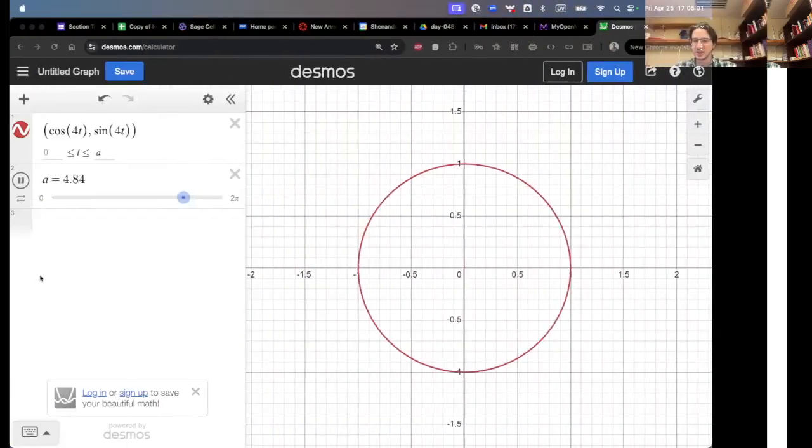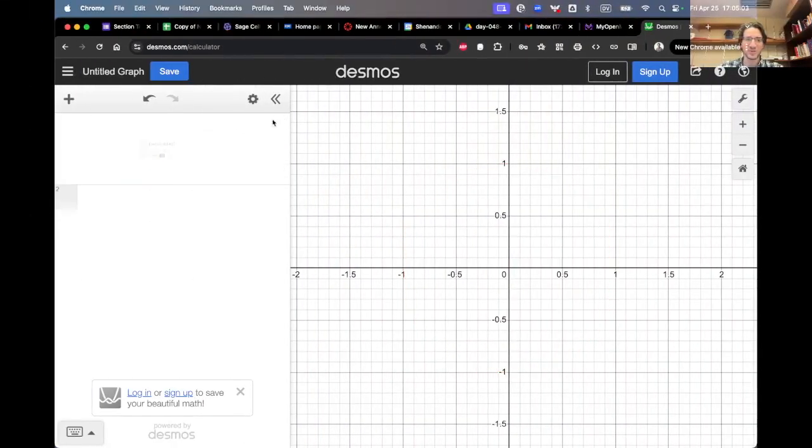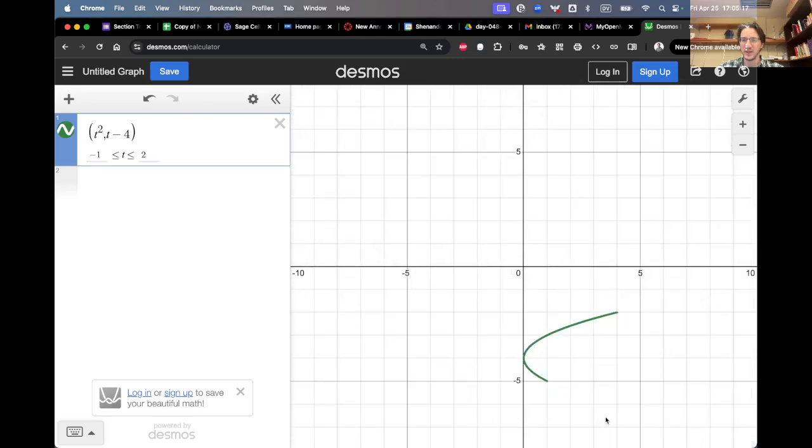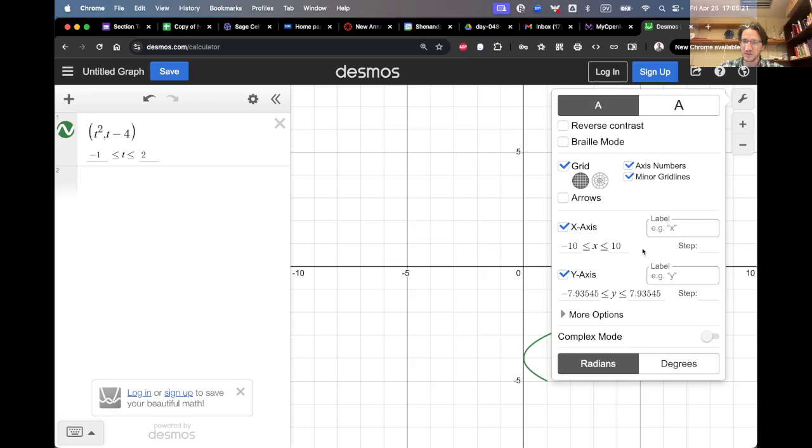So let me switch to Desmos so you can see this parametric curve now. The parametric curve t squared, t minus 4, for t between -1 and 2. Zoom out a little bit, and there you go. Our scaling was a little bit different.